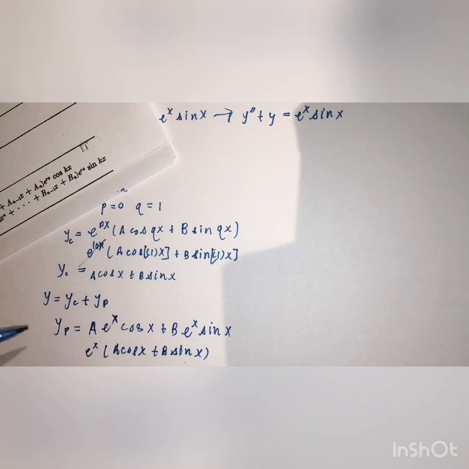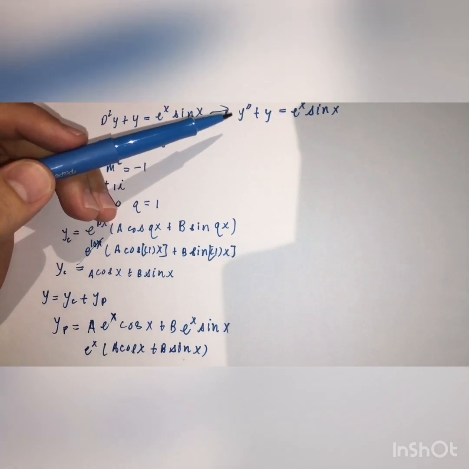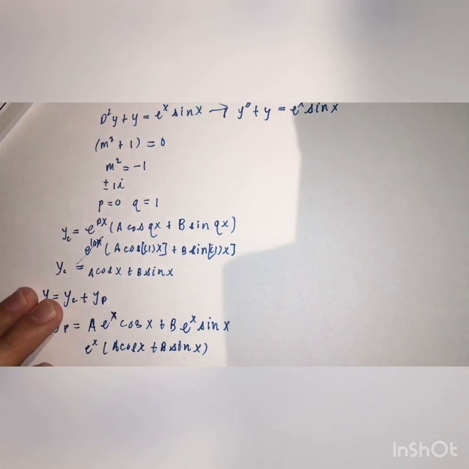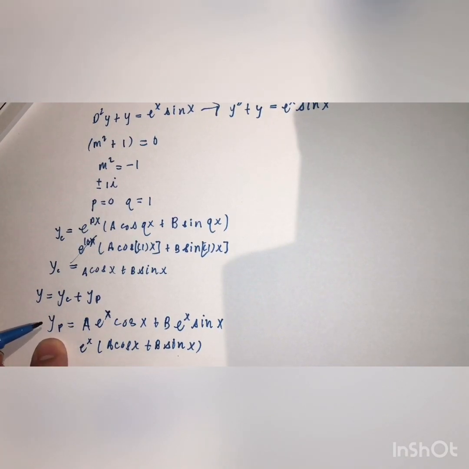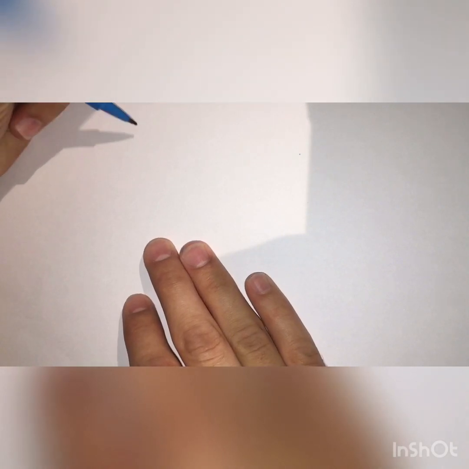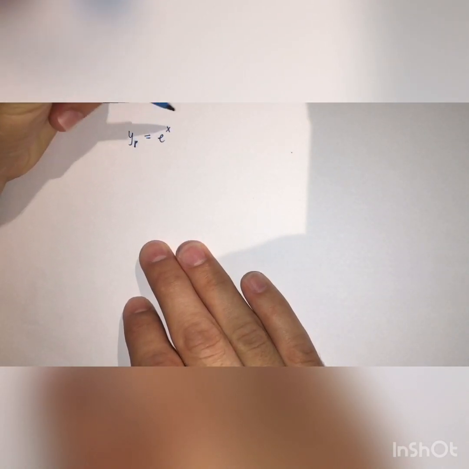And then we're going to want to plug this back into our original equation up here. So we're going to have to find the second derivative of this function. So we have this as our particular solution.